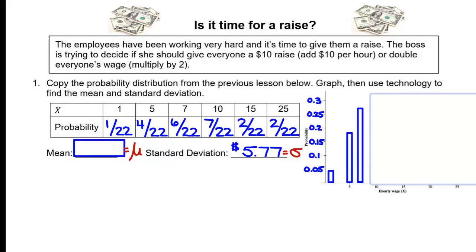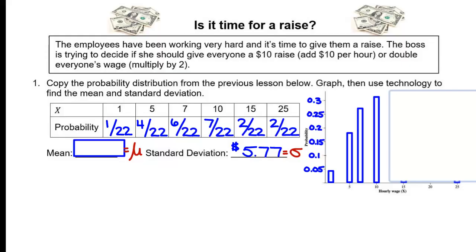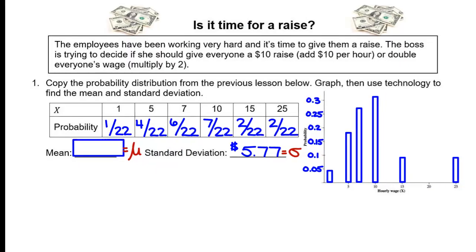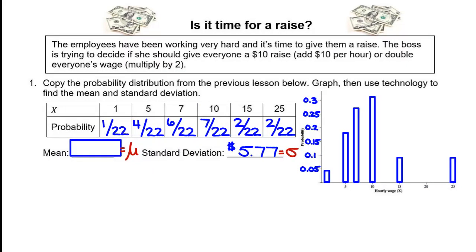Like between 1 and 5, I wouldn't make my bars really wide, or it's spanning from 1 all the way up to 4 if I make the bar really wide. 7 out of 22 is a little bit higher than $7. And then my last two look like this. And the height of the bar, again, is being determined by the probabilities here.